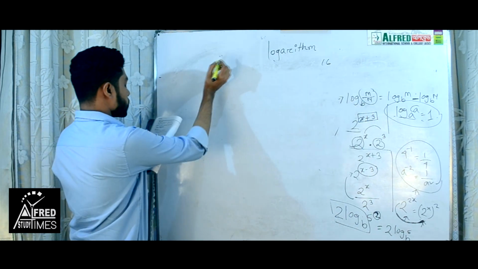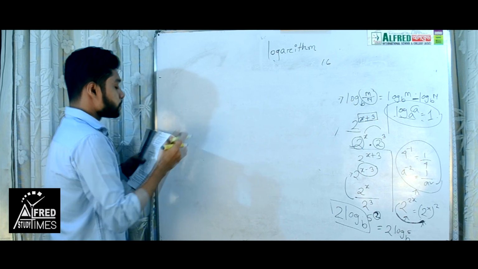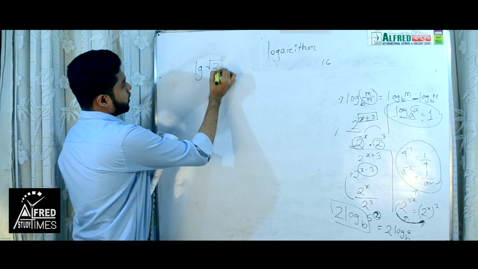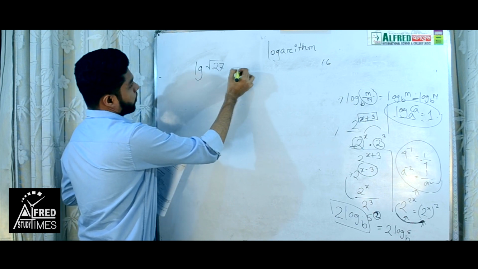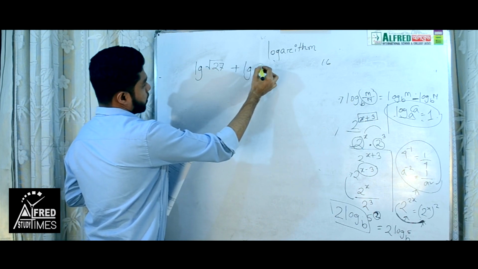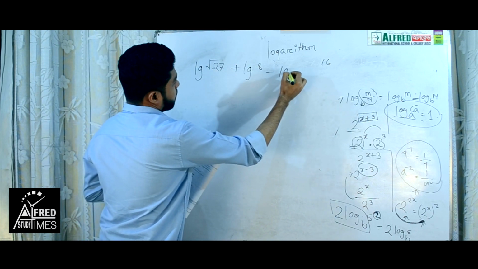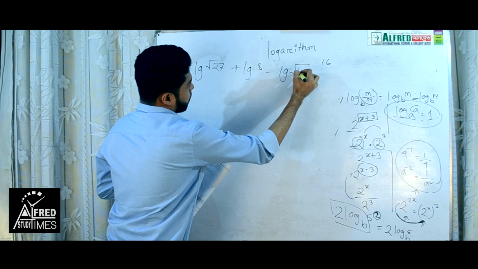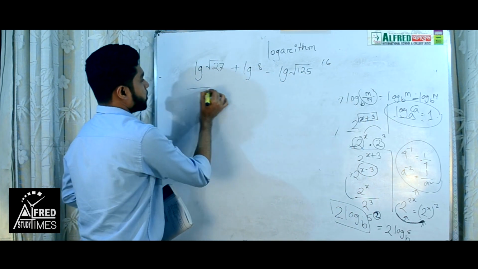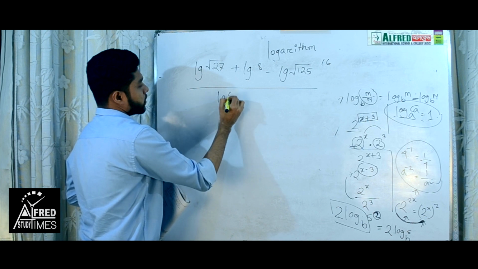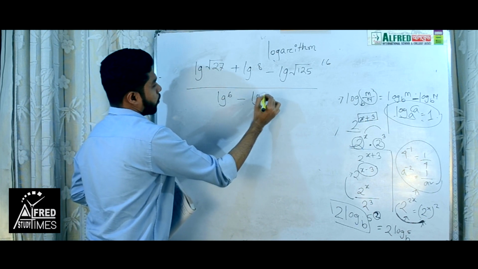This is to simplify: log √27 + log 8 - log √125 divided by log 6 - log 5.